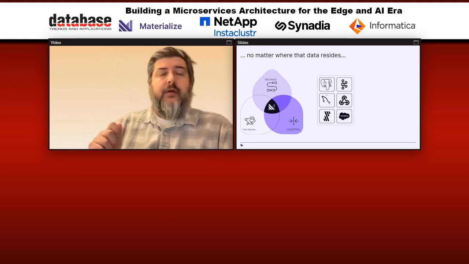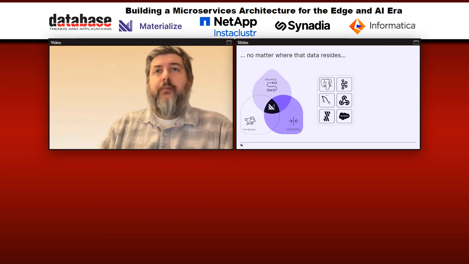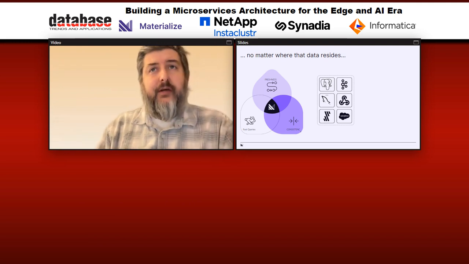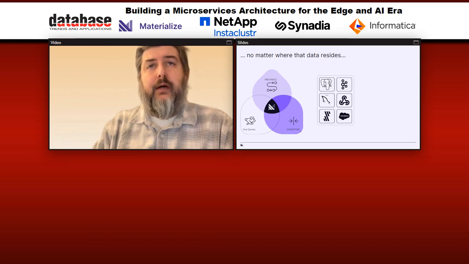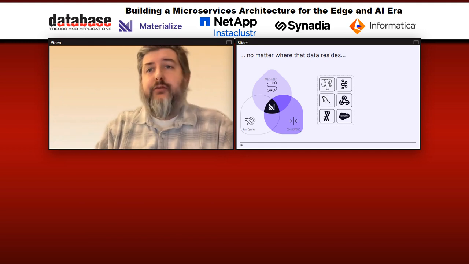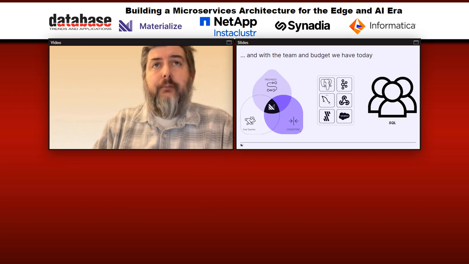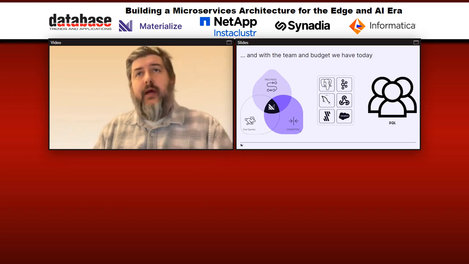In this case it's multiple microservice databases, or maybe it's being fed into Kafka, maybe it's coming via other sources like Salesforce, Fivetran, that sort of thing. And with the team and the budget that we have.